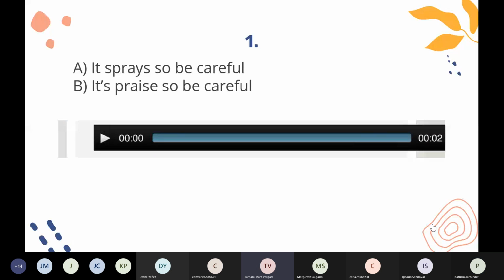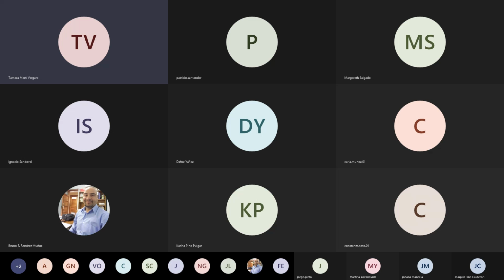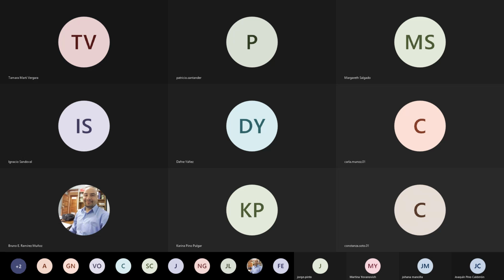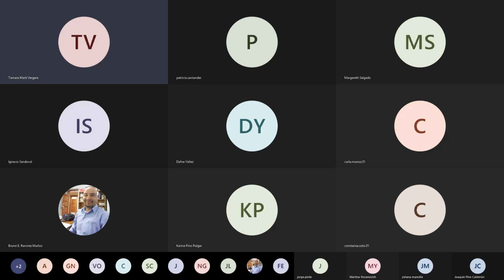You have to stop sharing, and then before starting sharing, there's a box on the top left corner that says incluir sonido del equipo. There you have to click before. You got it? Yes. Thanks.